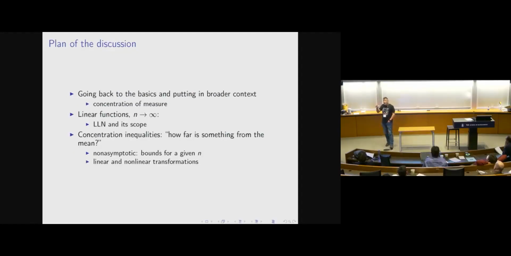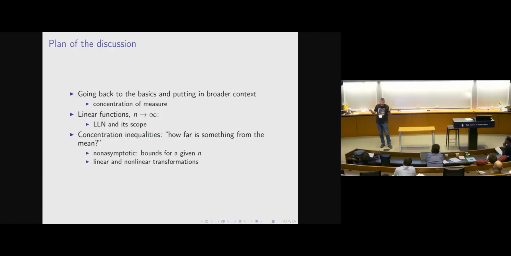So I'm going to go back and try to think about this problem somewhat abstractly, and in particular I'm going to introduce the set of tools called concentration of measure or concentration inequality that allows us to think about this kind of questions. I'm going to start with linear functions and with the law of large numbers, and I'm going to ask what happens if the number of sectors n, or the number of these random variables, goes to infinity.